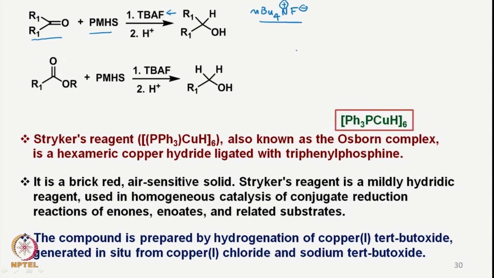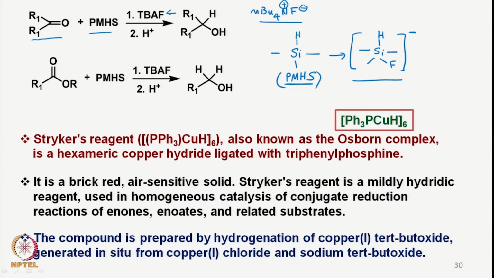This is the species that you have here, and this is how the polymeric species of the PMHS is having a hydrogen in the middle, and then the fluoride makes a kind of pentavalent silicate, and then what you have is a possibility of transferring a hydrogen from this species to the carbonyl group.